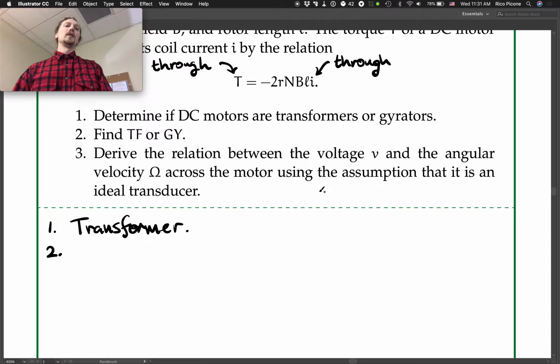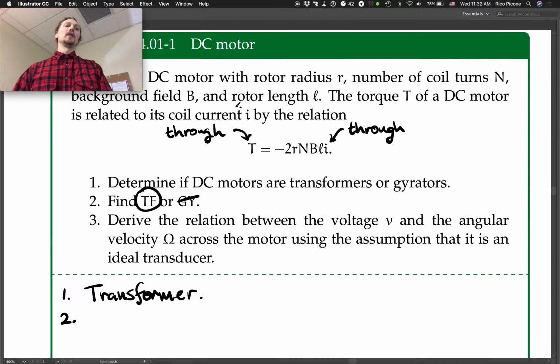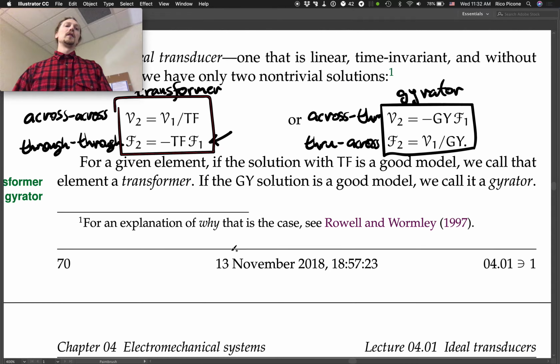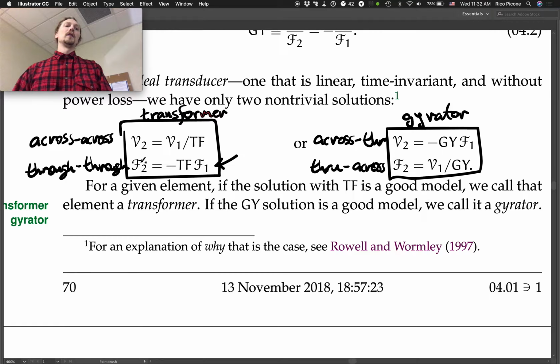Okay, so we don't need to find the gyrator modulus because it's not a gyrator. We want to find the transformer ratio. If we have a relationship between torque and current, we essentially have a relationship between F2 and F1, and we can then find what TF is.